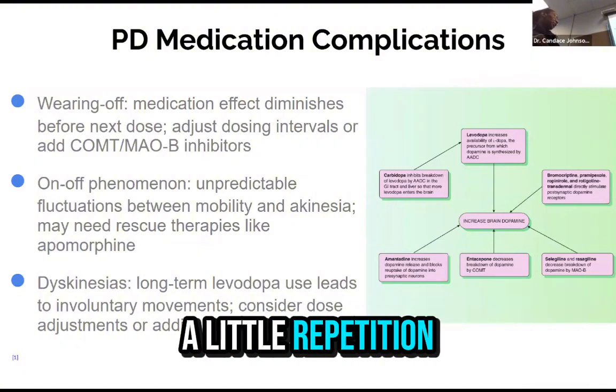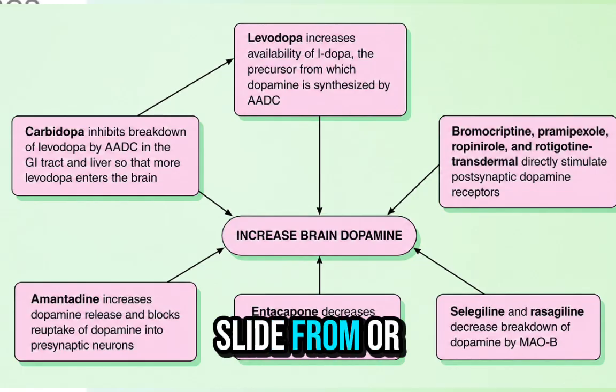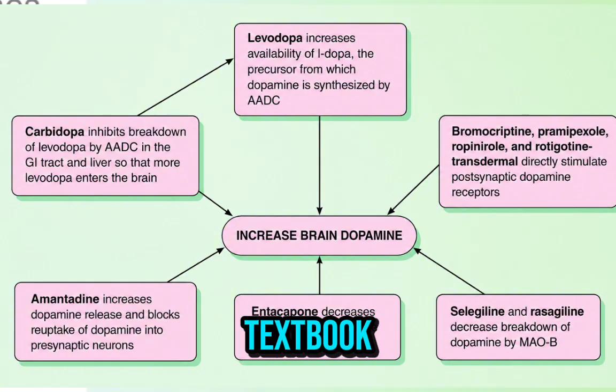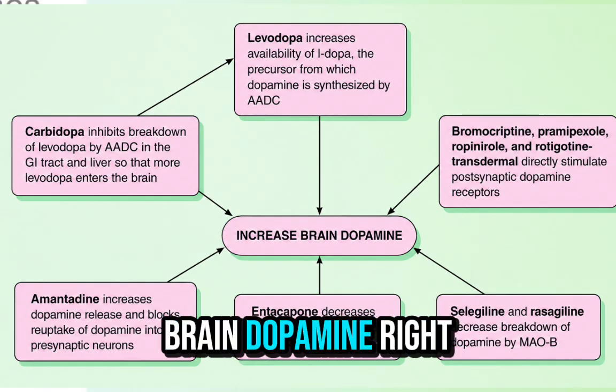I have a little repetition here, so just more of the same. This is a graphic from your textbook. And I chose it because it shows the different ways we can increase brain dopamine.